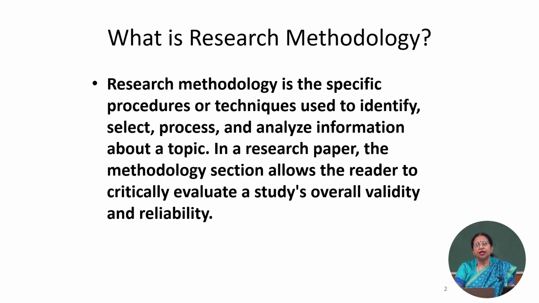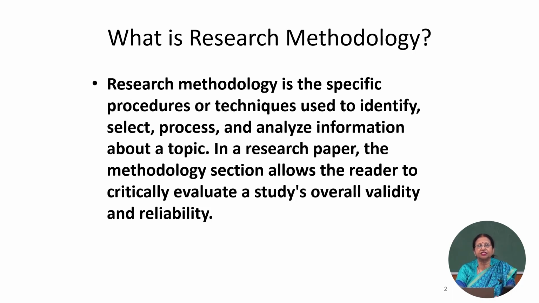So, in any research paper, there are different sections, as I mentioned in the previous lecture. We have to understand what research methodology actually means and how it is done. Research methodology is a very specific procedure.